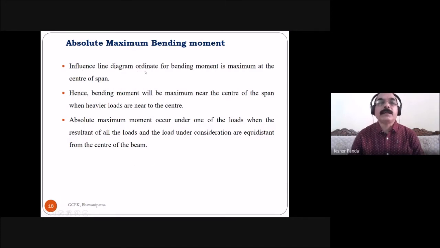The influence line diagram ordinate for bending moment is maximum at the center of the span. Hence, bending moment will be maximum near the center of the span when heavier loads are nearer to the center, and the absolute maximum moment occurs under one of the loads when the resultant of all the loads and the load under consideration are equidistant from the center of the beam.